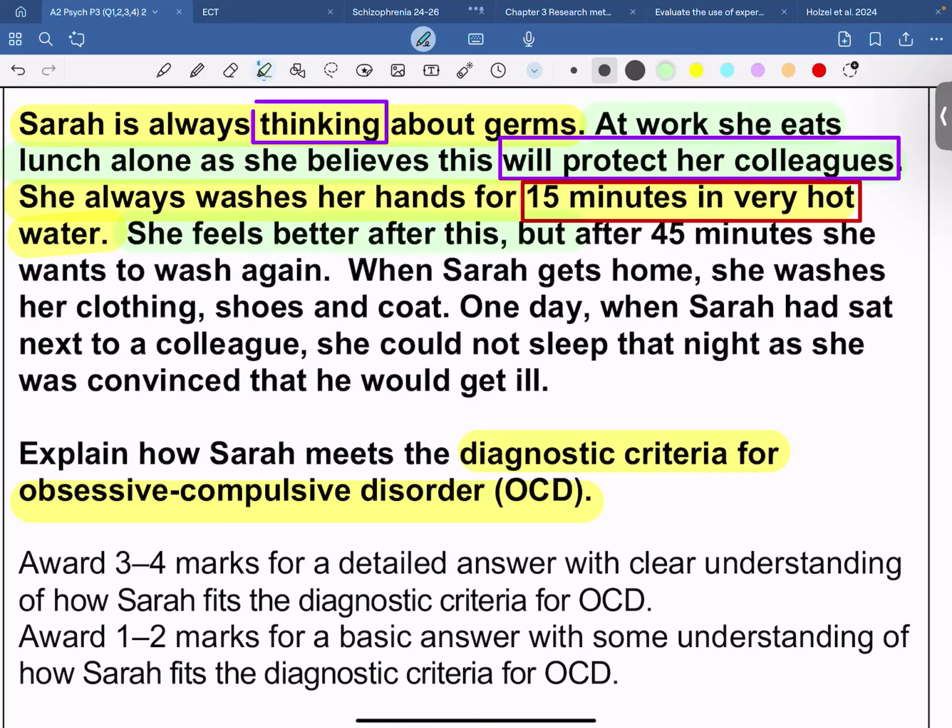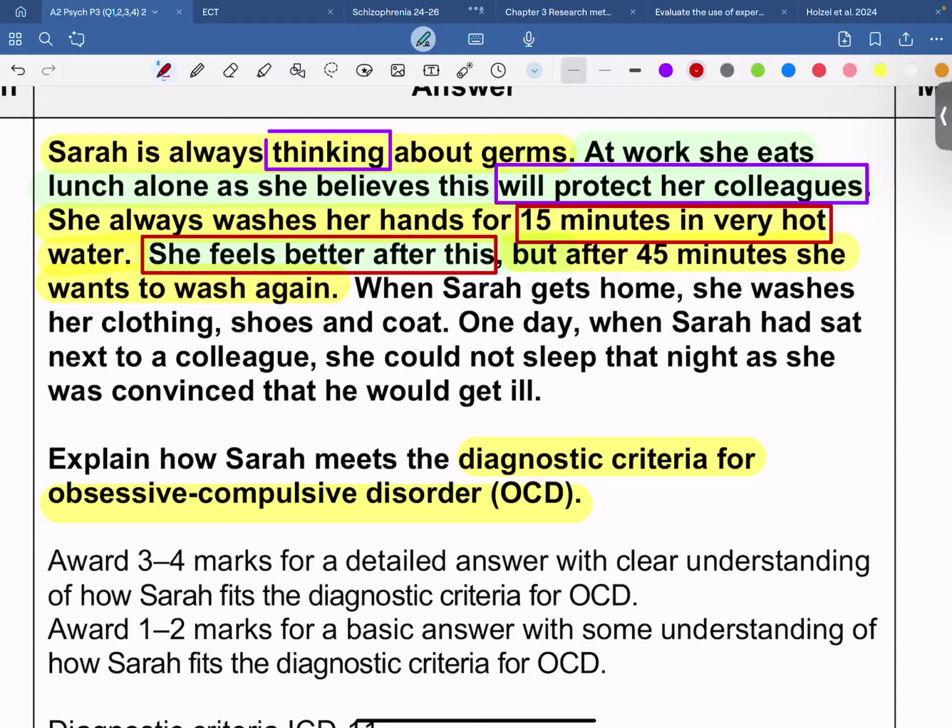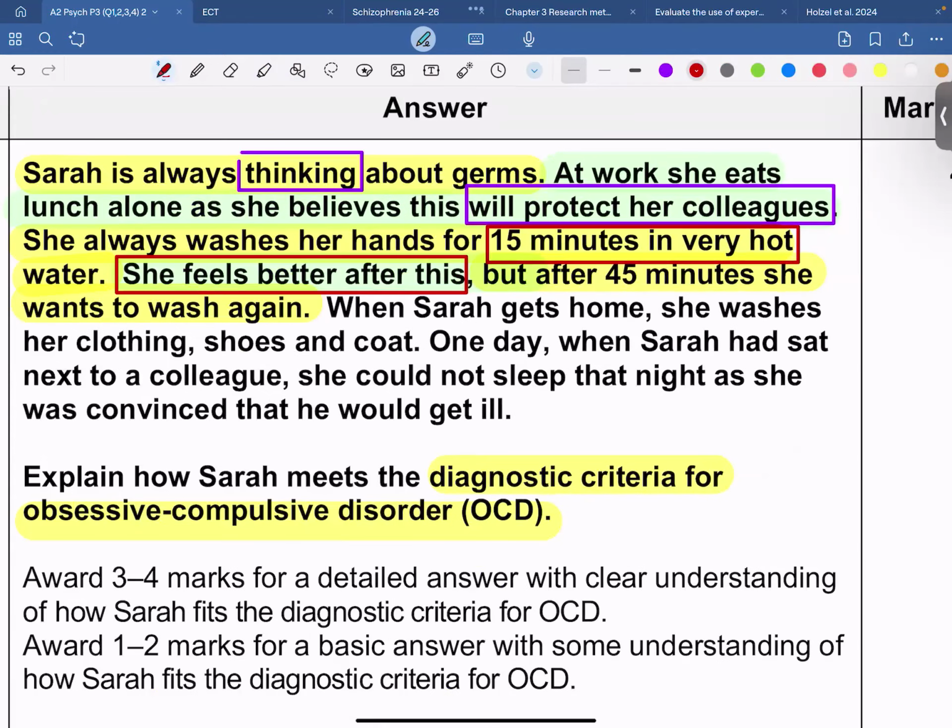So, an act that helps us with neutralization, feeling better after that, right? So, a compulsive act. But after 45 minutes, she wants to wash again, a compulsion. Now, this part is hinting us towards obsession, and this part is hinting us towards compulsions or compulsive acts.